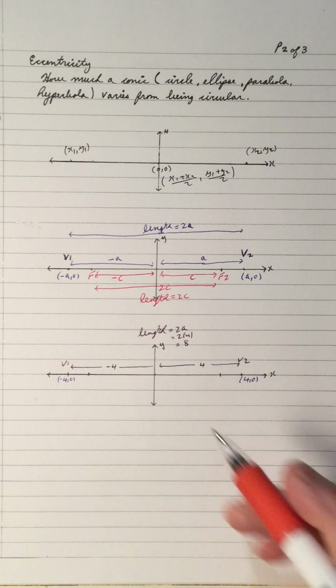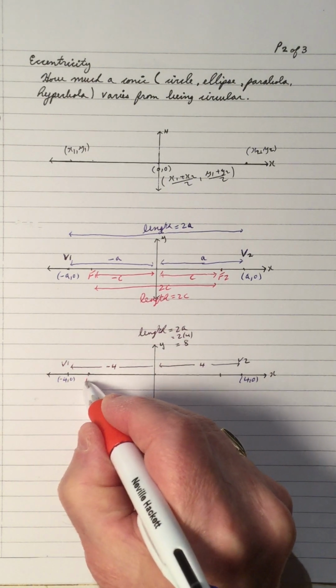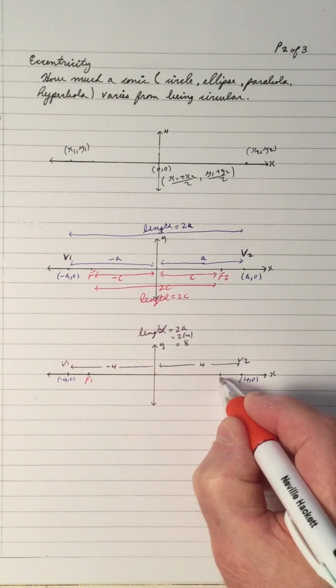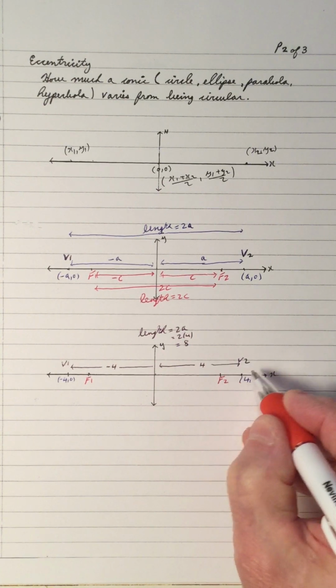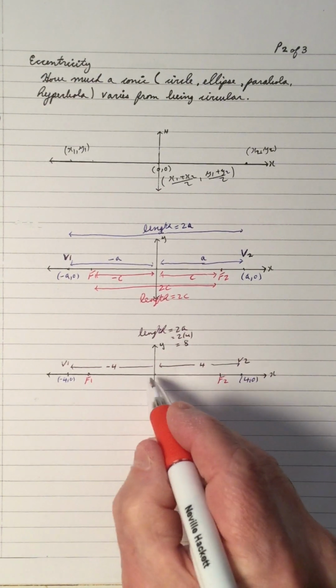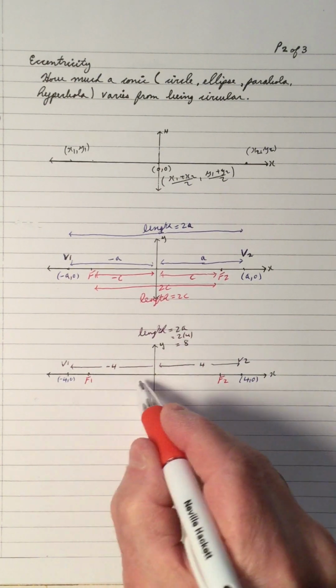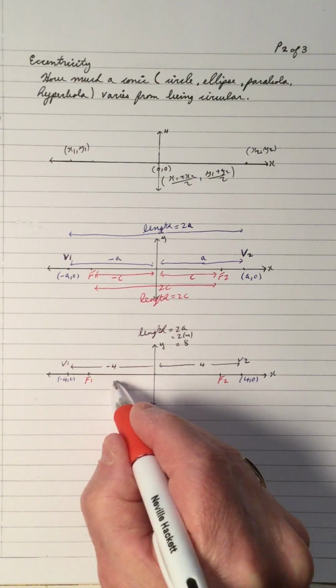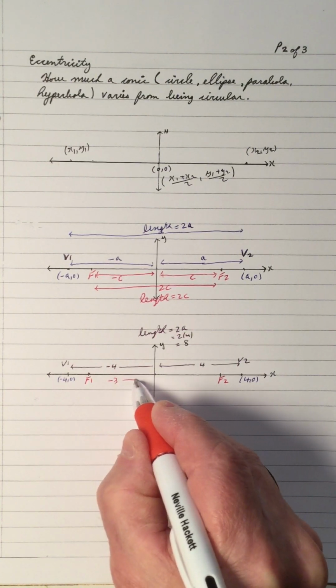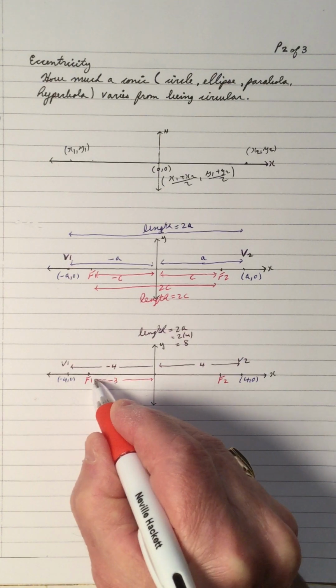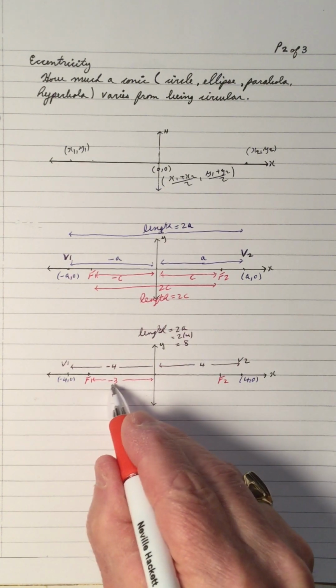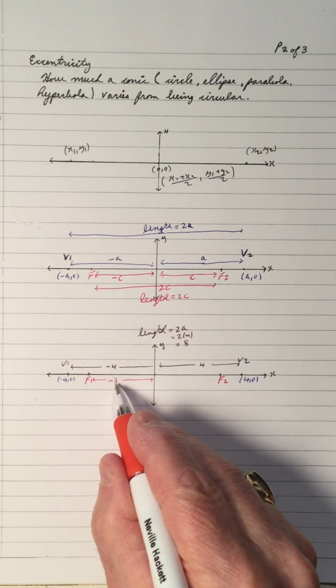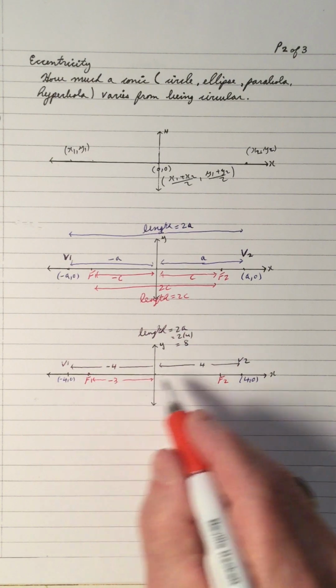Okay, change the pen. So now we have foci 1 and foci 2, and the foci are less away from the center. So if that's a negative 4, let's make this one a negative 3. Now I could have negative 2, negative 1, negative 1.5, negative 0.5.